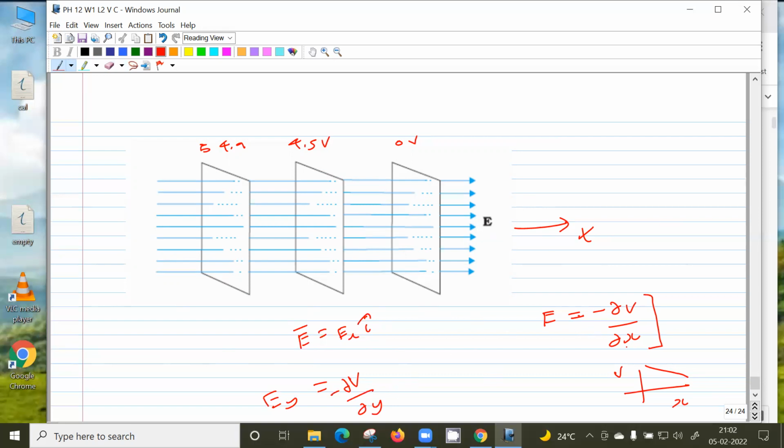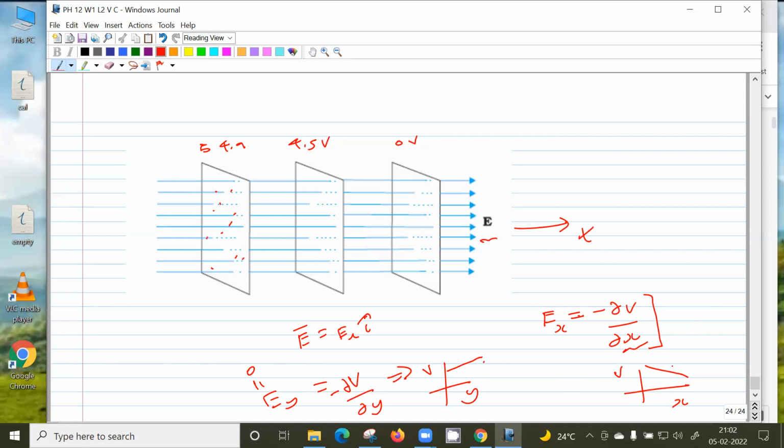Here it is with respect to x. This will give me Ex. To get Ey, I have to differentiate with respect to y. There is no variation of potential with respect to y, so the electric field in the y direction is 0 because it's along x. For it to be 0, V should be uniform with respect to y. The slope is 0. That's what is happening here. The potential here, here, and here, which is at the same y, is constant.